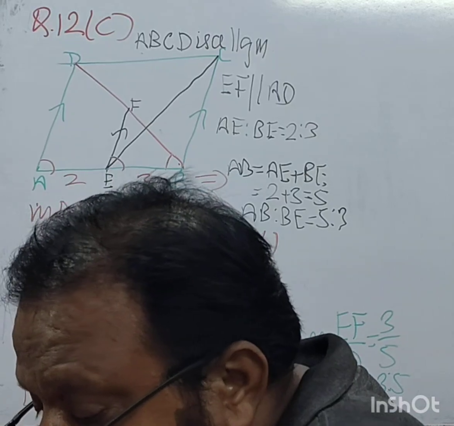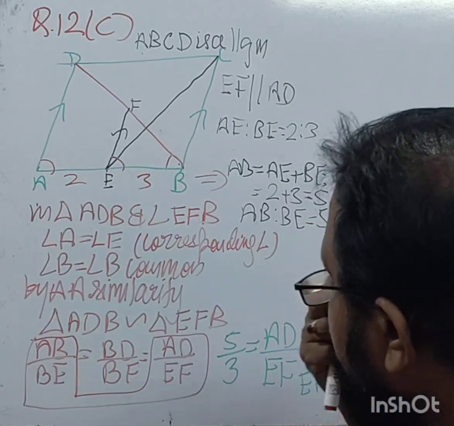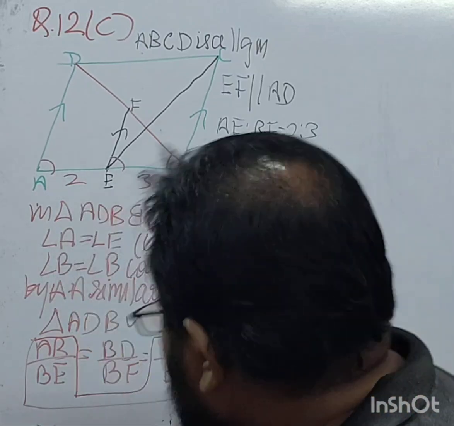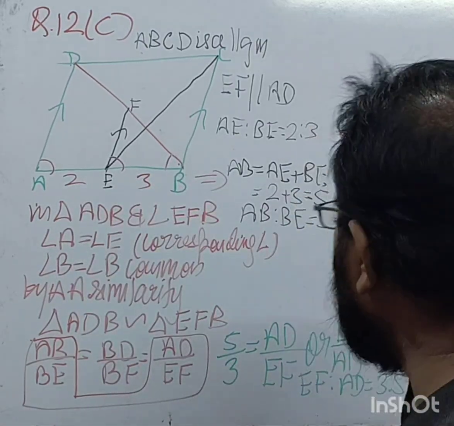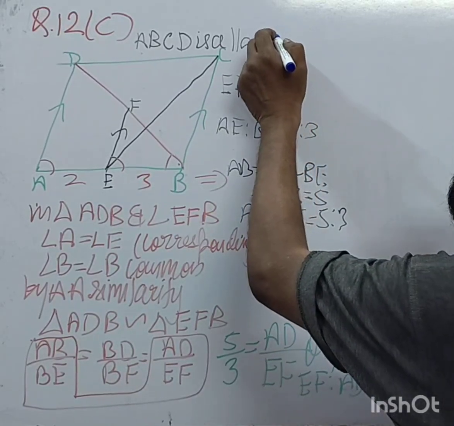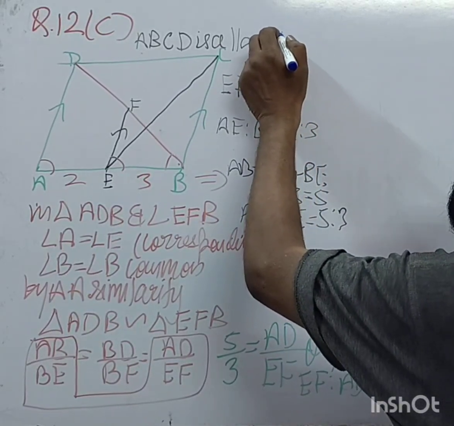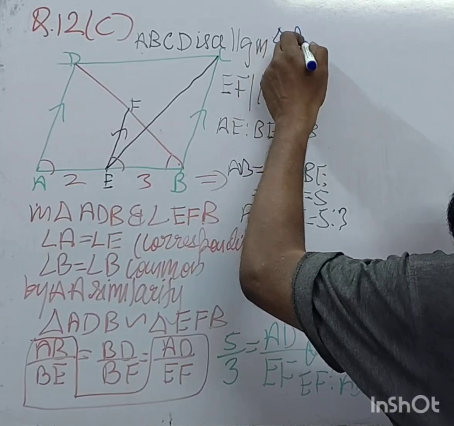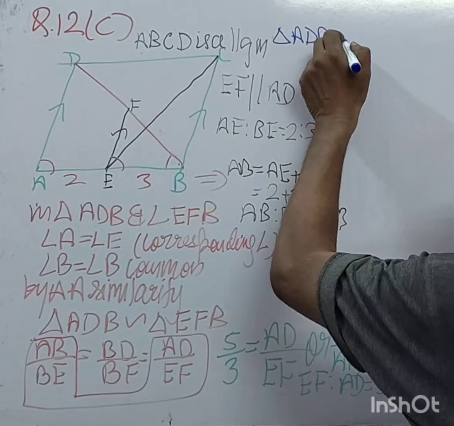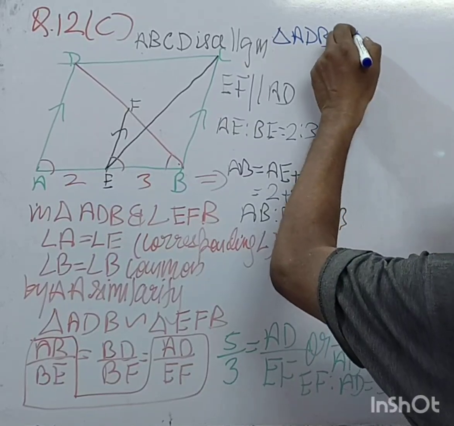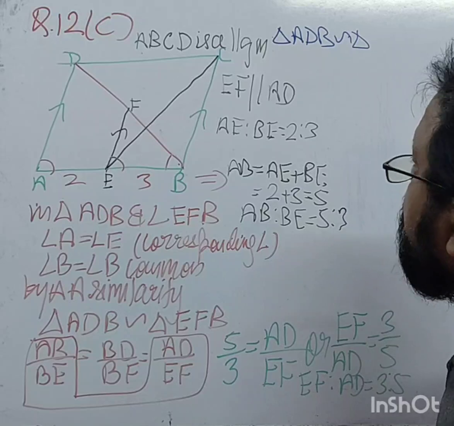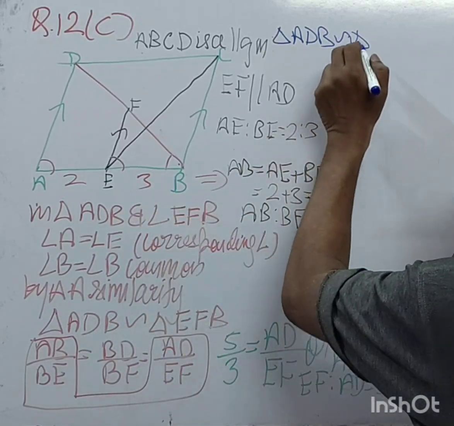Area triangle BEF and area triangle ABD. Okay. So you studied already. Ratio of, triangle ADB is similar to triangle EFB.